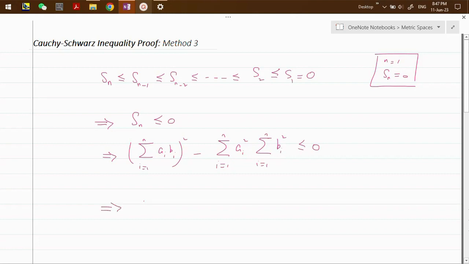And this implies that summation i from 1 to n of ai bi whole square is less than or equal to, shifting this term to the right hand side, summation i from 1 to n of ai square into summation i from 1 to n of bi square, which is our Cauchy-Schwarz inequality, hence proved.